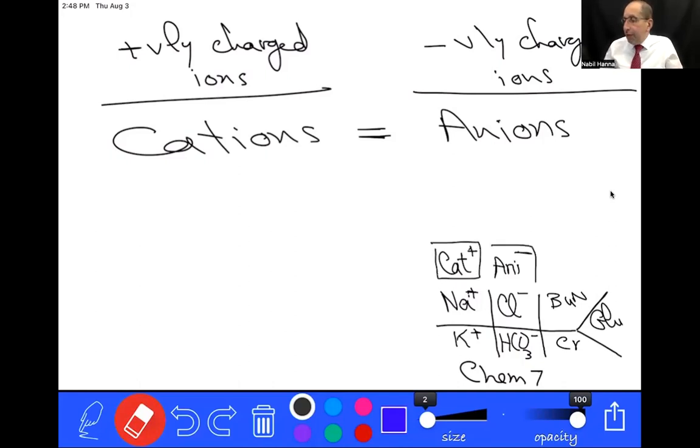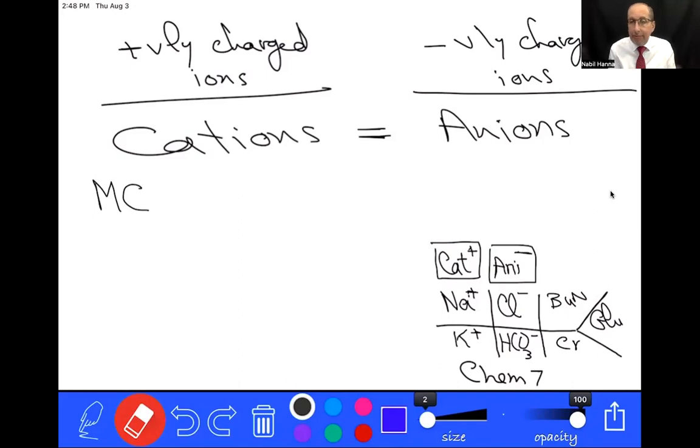So the cations include the measured cations as measured in Chem7, the sodium and potassium. But are these the only cations that we have in the human body? Of course not. We have a lot of other positively charged ions. We have magnesium, it's positively charged.